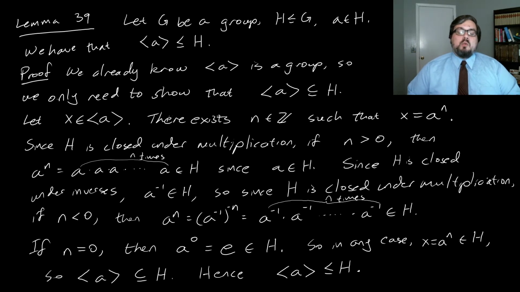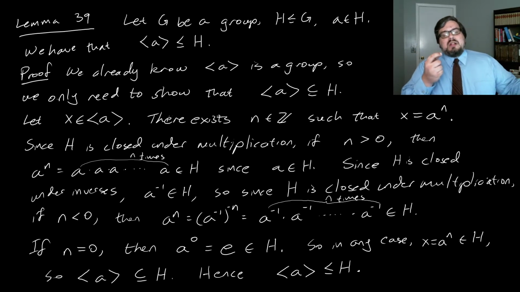So one way that this lemma tells us we can think about the cyclic subgroup generated by A is that it's the smallest subgroup of G that contains A. One way of constructing this cyclic subgroup, which is less constructive and less useful to us, but sometimes of theoretical interest, is the following. I take my group G and I take the element A inside it.